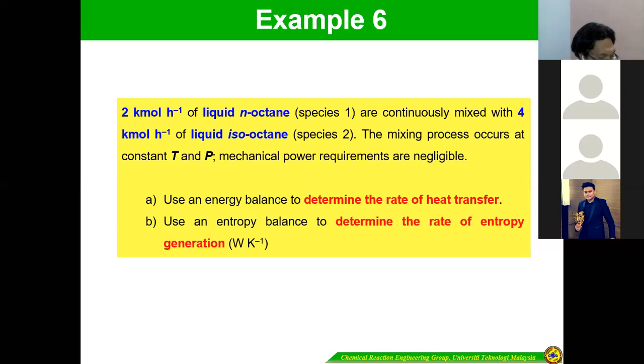Need to change into liquid, Doctor? Yes, of course. So that means 100 to 100, vapor to liquid.